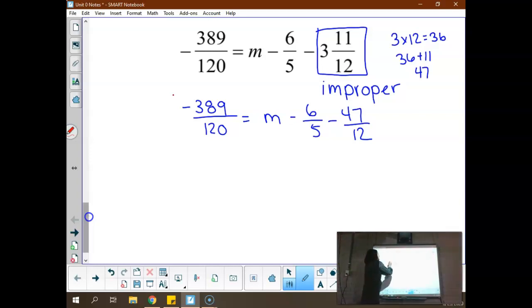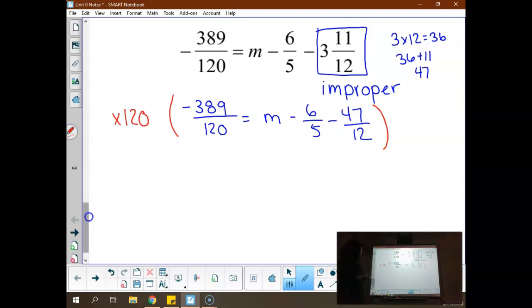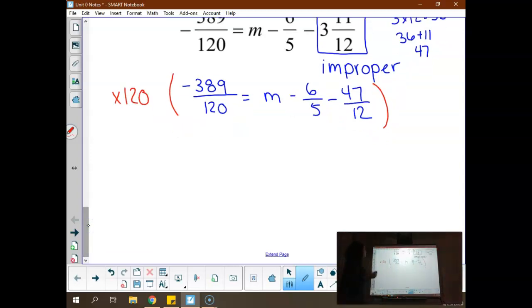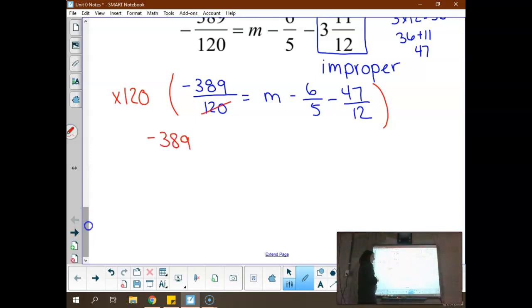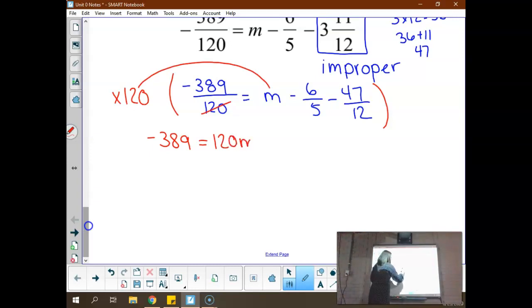So I'm going to take this entire monstrosity and multiply it by 120. Here's what happens when you do that. When I multiply this by 120, these cancel out right here, and I'm left with negative 389. That's it. The fraction part goes away. You also need to do it to this m, so it's going to be 120m.